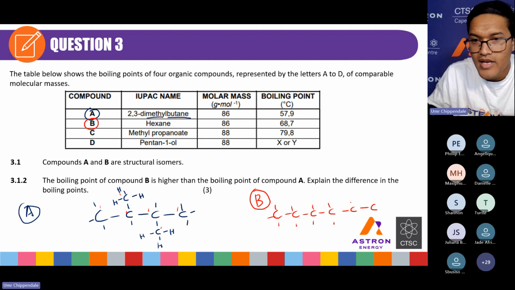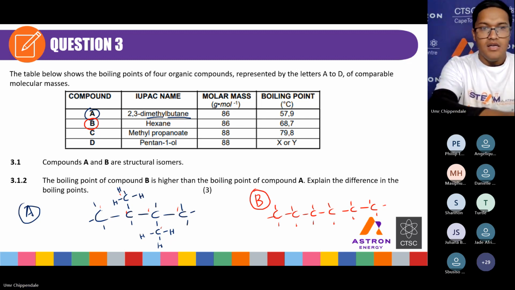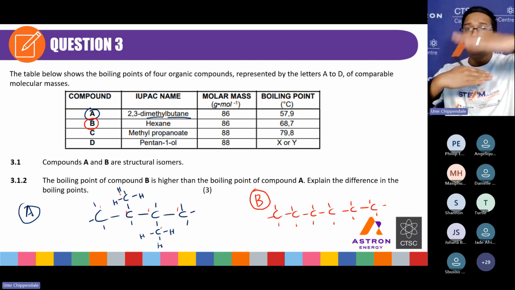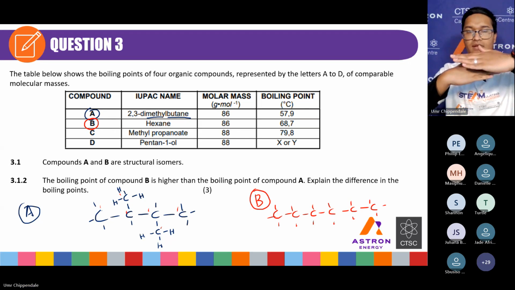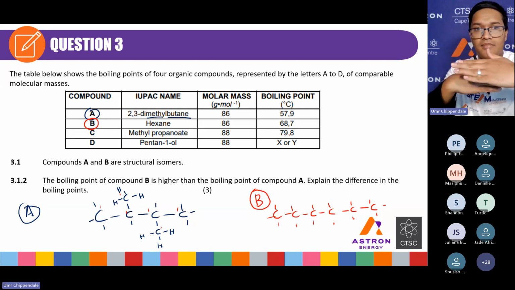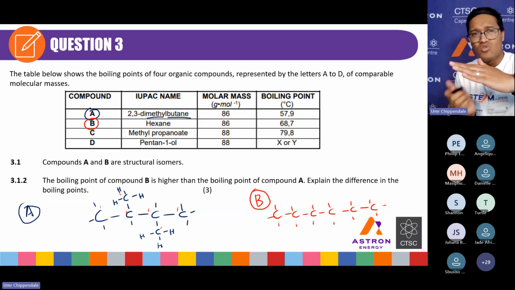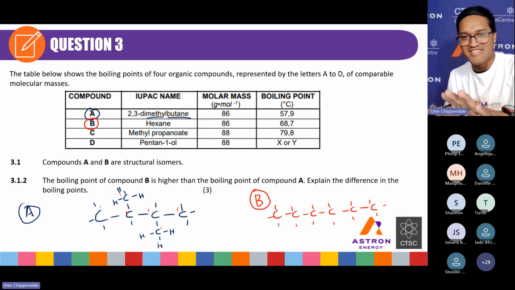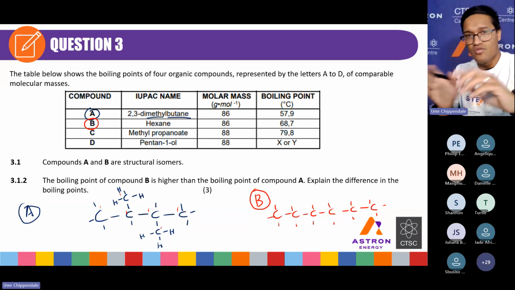Now, when it comes to this part over here, if you are going to compare these, remember, you bring these molecules as close to each other as possible, right? The closer to each other they are, the stronger the boiling point will be. Let's not use that word, otherwise they might say there are different forces and stuff you don't deal with.